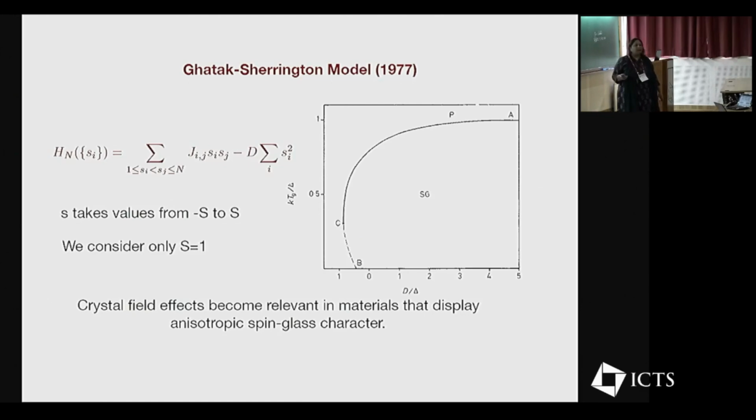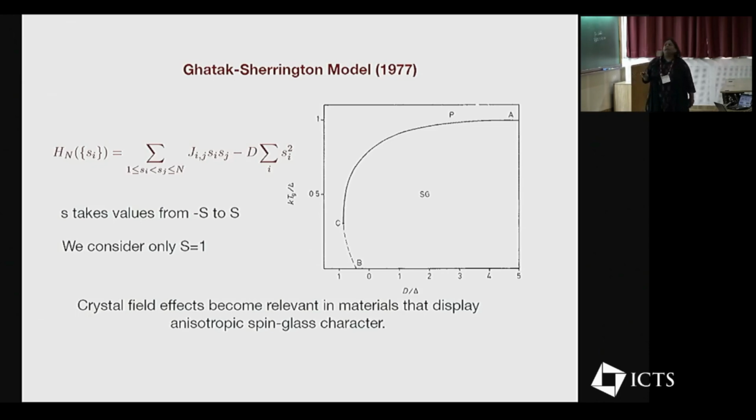Peter Mortishaw, which is the 1986 work, and this is based on the Ghatak-Sherrington model. The Ghatak-Sherrington model is a model with Spin-1 particles, and actually spin can take value -s to s, but we are going to only consider Spin-1. So it is just like the SK model, but now since we have Spin-1s, we have a crystal field term.